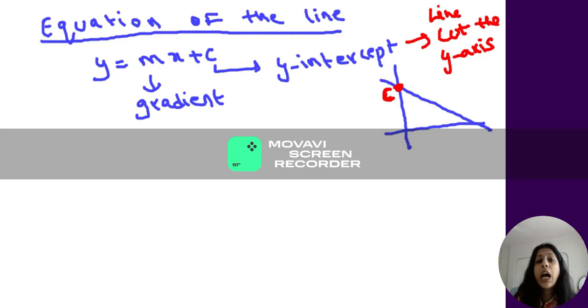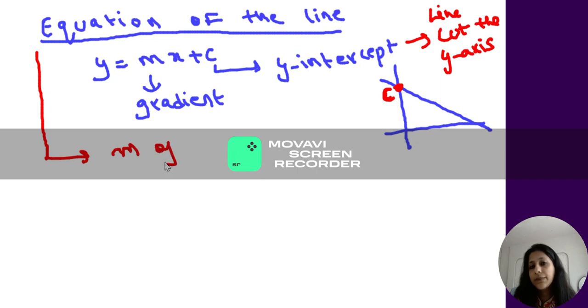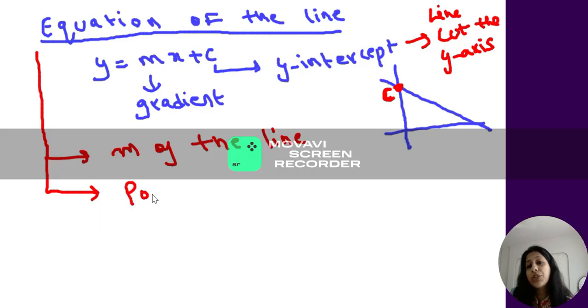Now, the second point is, how do you find the equation of the line? For finding the equation of the line, I need to know two things, right? The first thing I should know is the gradient of the line. The second thing which I need to know is the point through which the line passes.